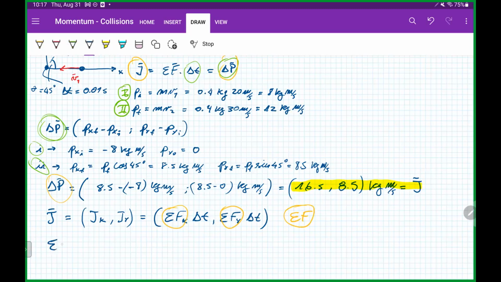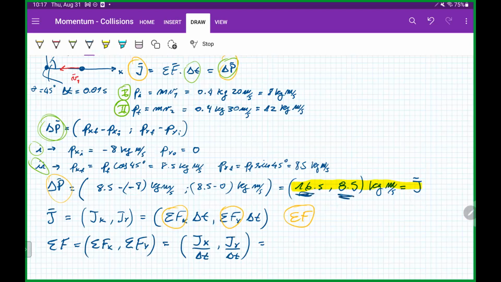So the net force would be net force in X, net force in Y, and that's Jx divided by delta T, Jy divided by delta T. And that's simply, let's just use the two components that we calculated before, and the delta T that's given as previous information. So we know that the kicking takes place, the force is being exerted for that time.